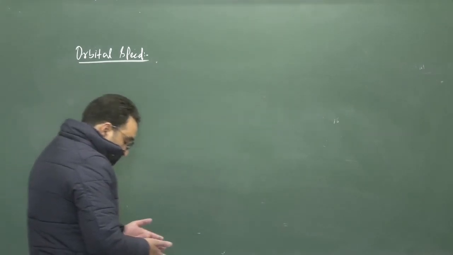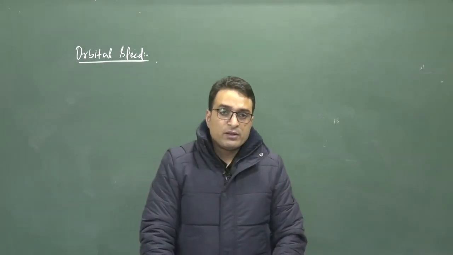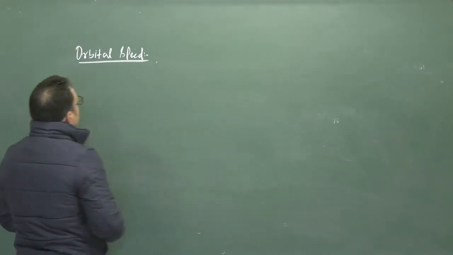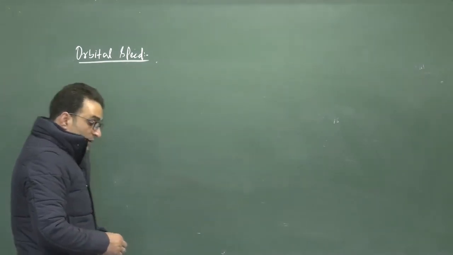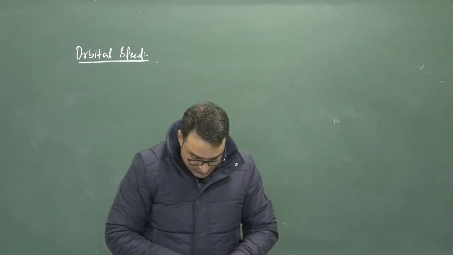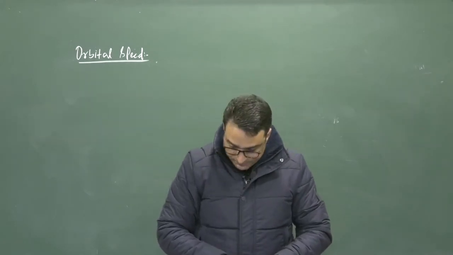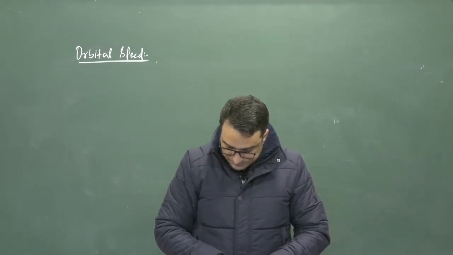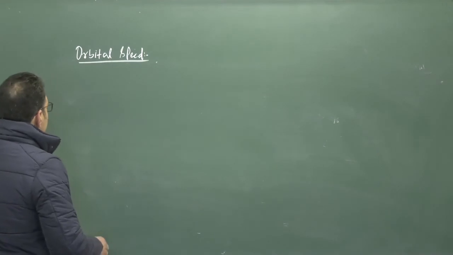You can write, orbital speed is the speed required to put the satellite into given orbit around the Earth's surface. There is a definition for the orbital speed.